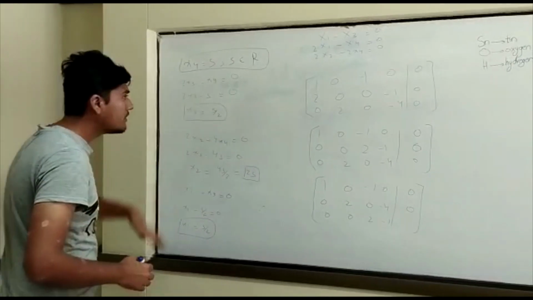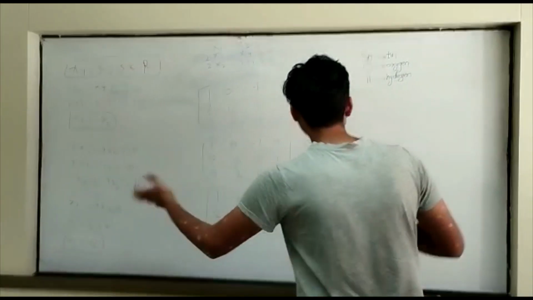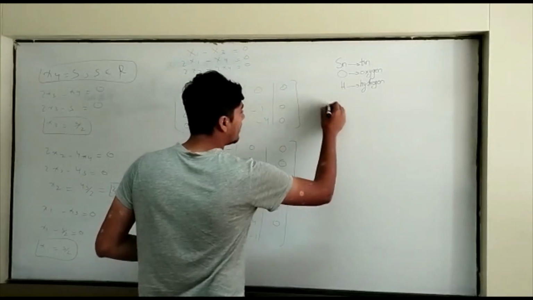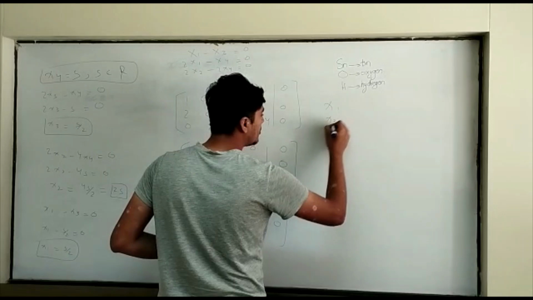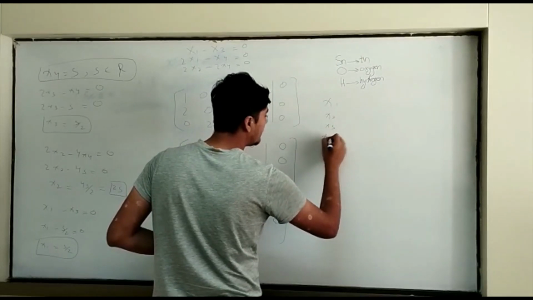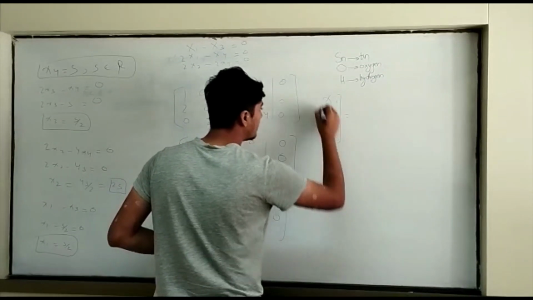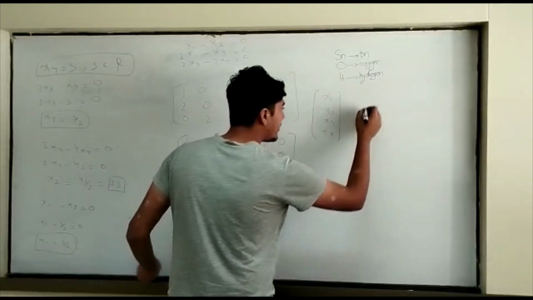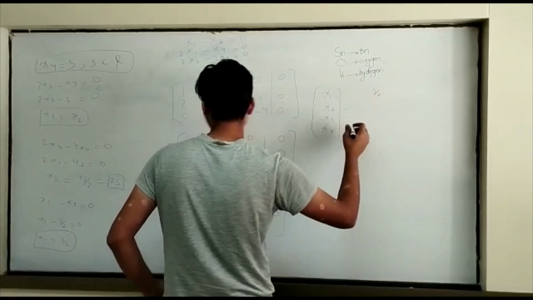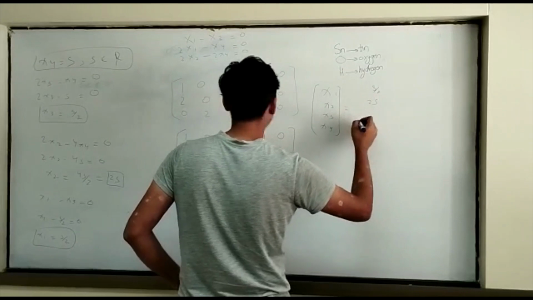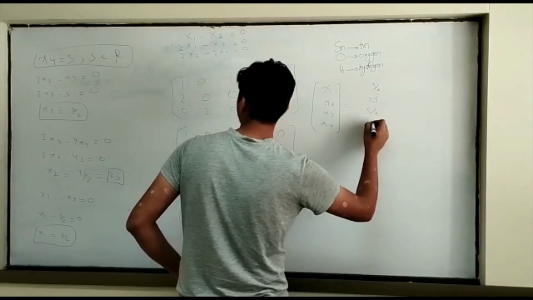Now, since we have the values of the x's, we get x1, x2, x3, and x4 as s by 2, 2s, s by 2, and s.